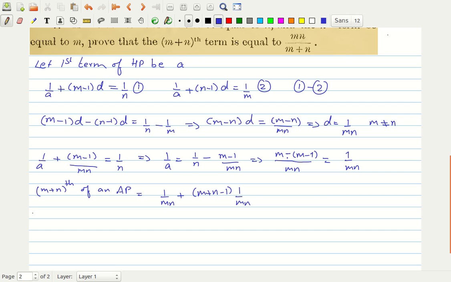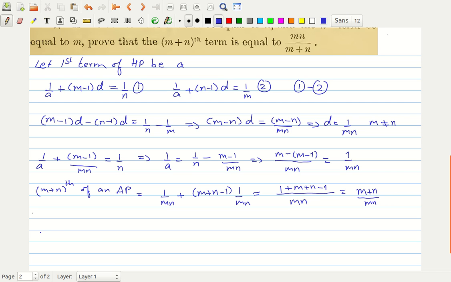This means that this is 1 by mn times 1 plus m plus n minus 1, which is equal to m plus n divided by mn. This is the m plus nth term of an AP, right?